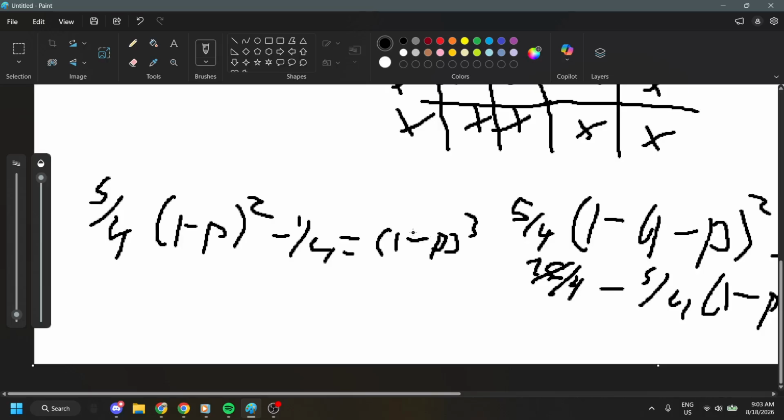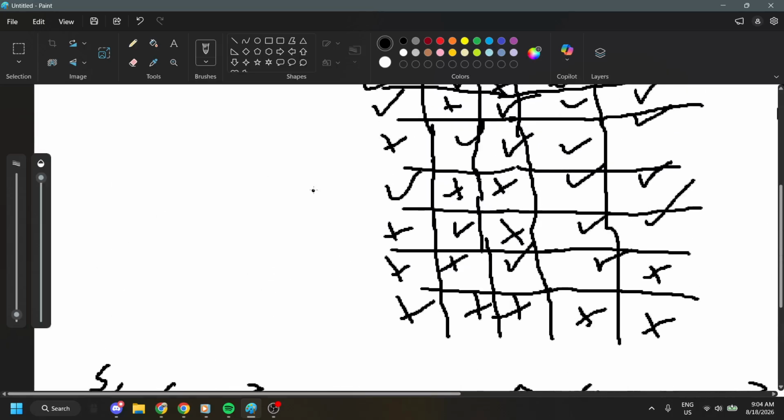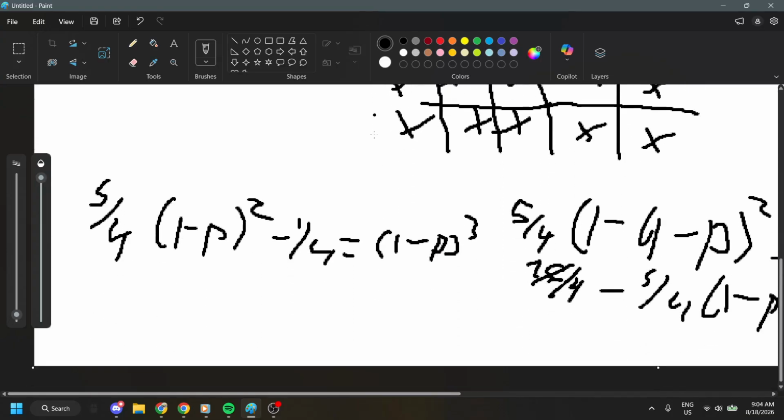Here I get 1/8. Here I get 1/2 squared is 1/4. This is 5/16 minus 4/16, so that's 1/16. So I mean that's kind of close actually. But I think I just have to expand these because I can't really eliminate.